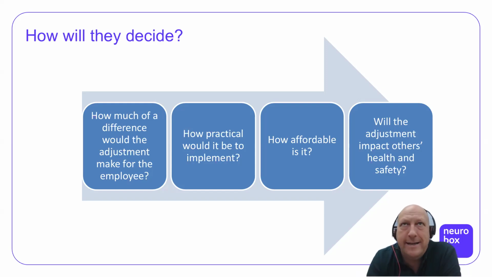Now, fortunately, in the vast majority of cases, most adjustments don't even come close to these questions. Most adjustments are actually relatively easy to implement and relatively straightforward, and sometimes the smallest of things can make the biggest of differences.